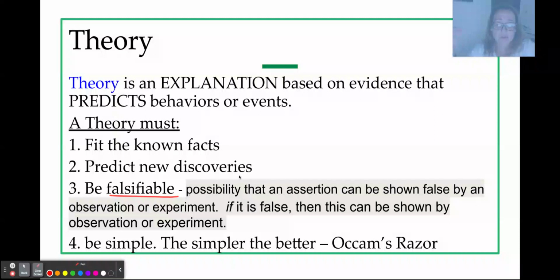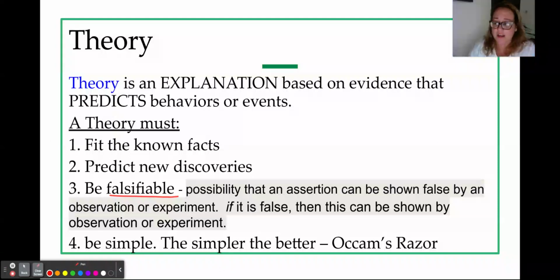It's an assertion that can be shown false by an observation or experiment. So if it is false, then this can be shown through observation or experiment. They're proving either that it's false or that it's not. Now, you don't need to know much about that after all.